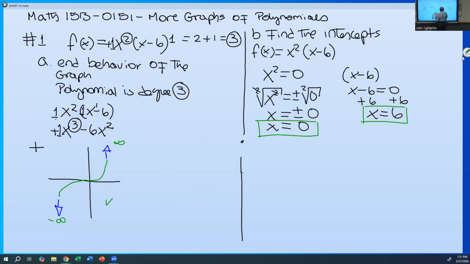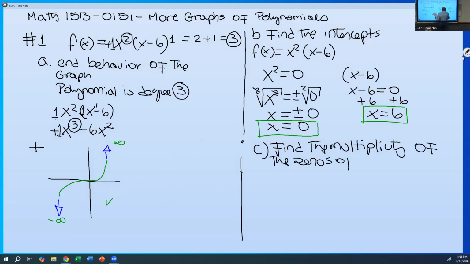Then let's go back to the original equation again to find the multiplicity. Find the multiplicity of the zeros of the polynomial.